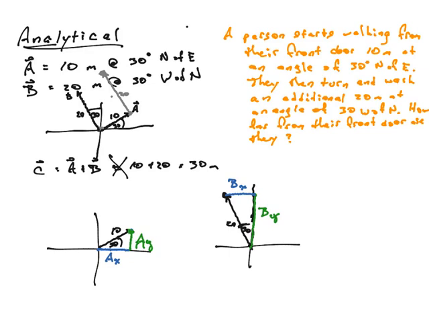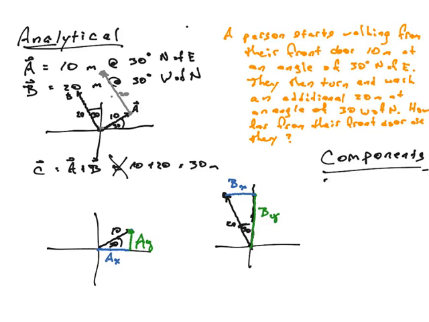If I think about this, then what I can do is something fancy. I can say, well, instead of trying to add vector A and vector B together, since they're not pointing in the same direction, let's look at what's called their components. The components meaning how much of my vector A points in the x direction, and how much of my vector A points in the y direction.